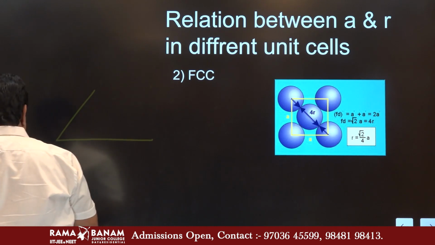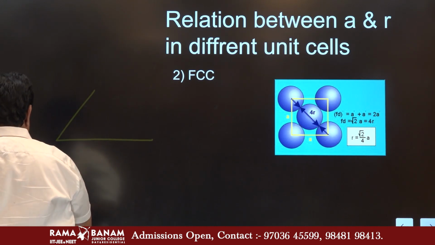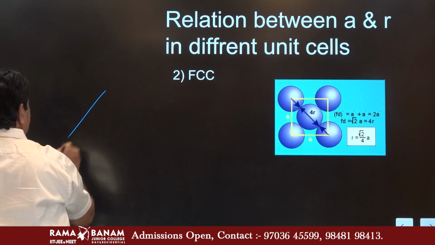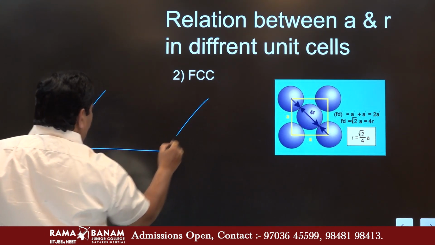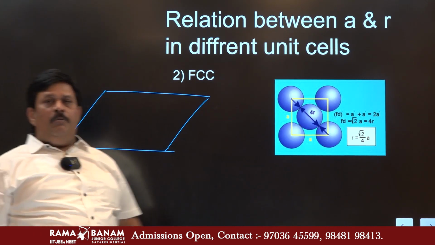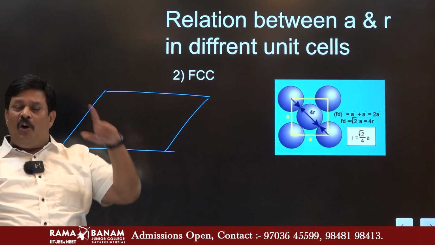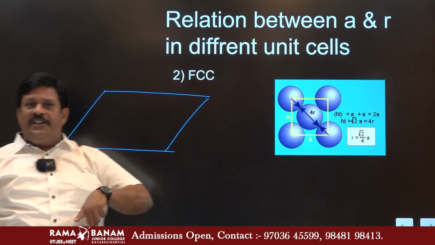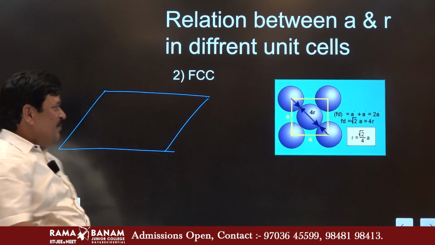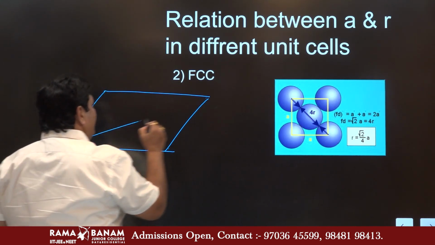This is the face of the cube. In simple cube, particles touch each other along the face edge, but in FCC, particles touch each other along the face diagonal. This is the face diagonal.